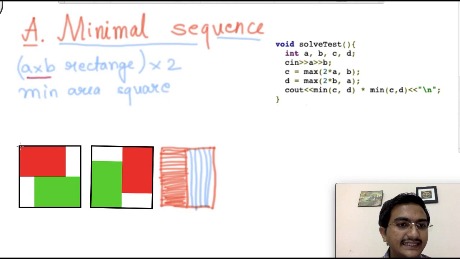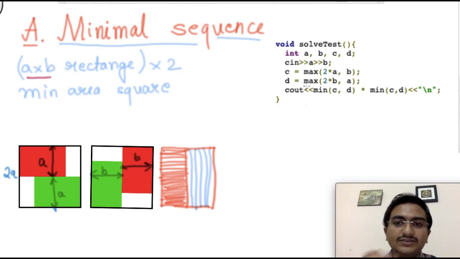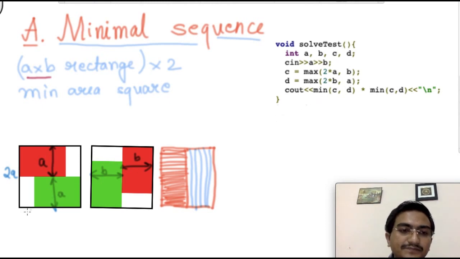As you can see, there are only two ways to put the rectangles, and they should not overlap. If this is A, and this is again A here, then the side of the square can be either 2A or 2B.